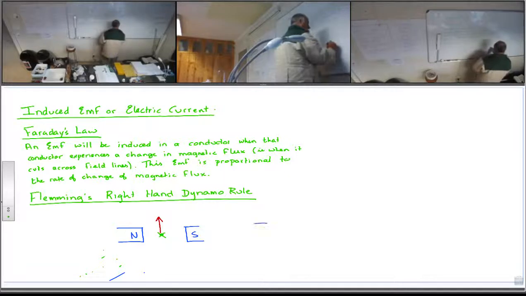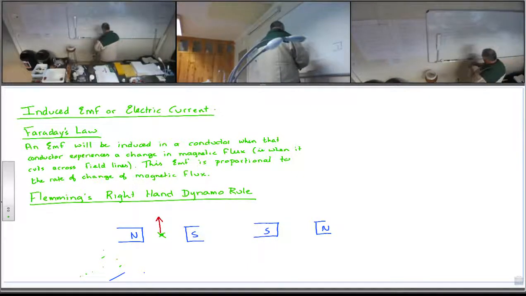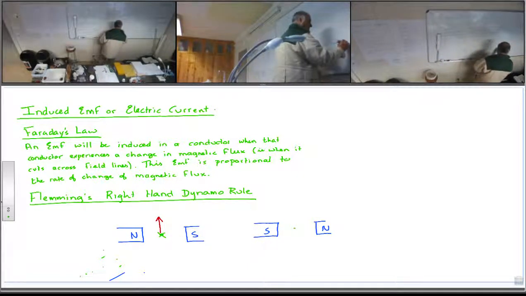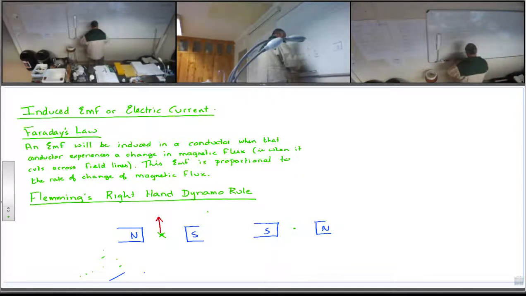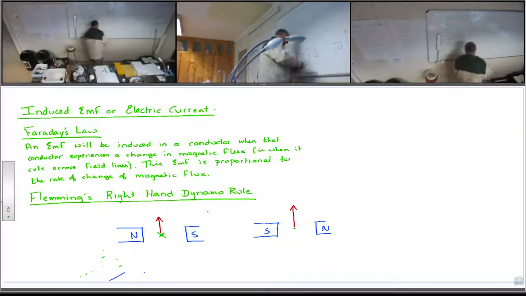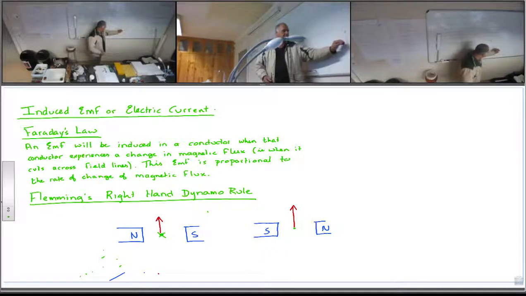Let's have a look at another one. There's your conductor. Let's move it up. Right, so there we are. There's your conductor.